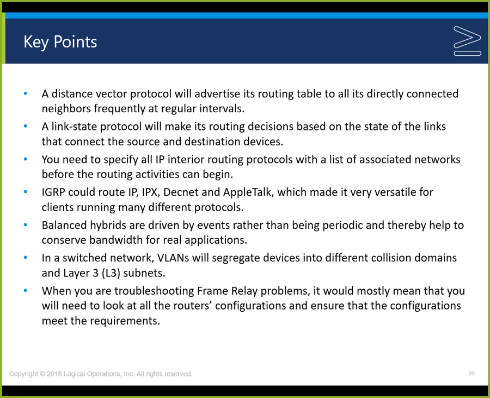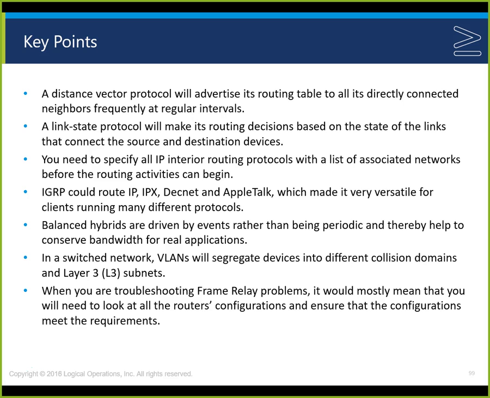You need to specify the interior routing protocols with a list of associated networks before the routing activities begin. Yes, when we go in there, router EIGRP 30, autonomous system 30, enter, and then we type in the networks that we want to advertise, the networks on our router that we want to advertise to the rest of the world.